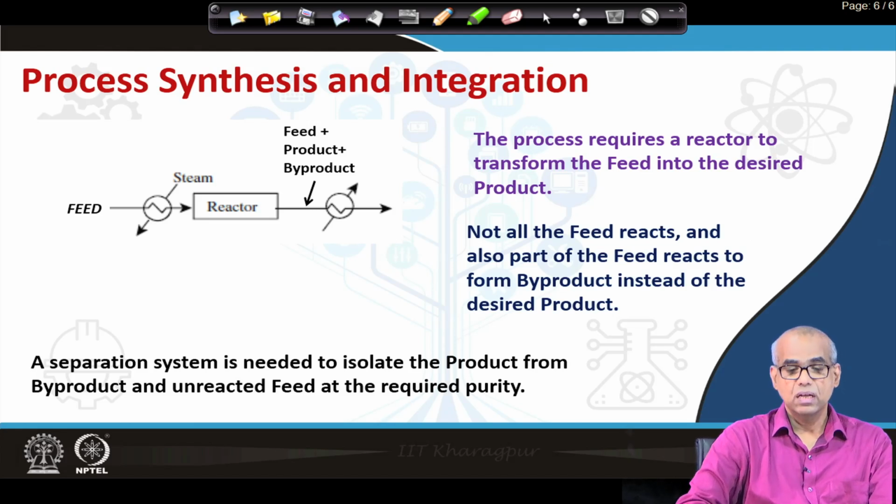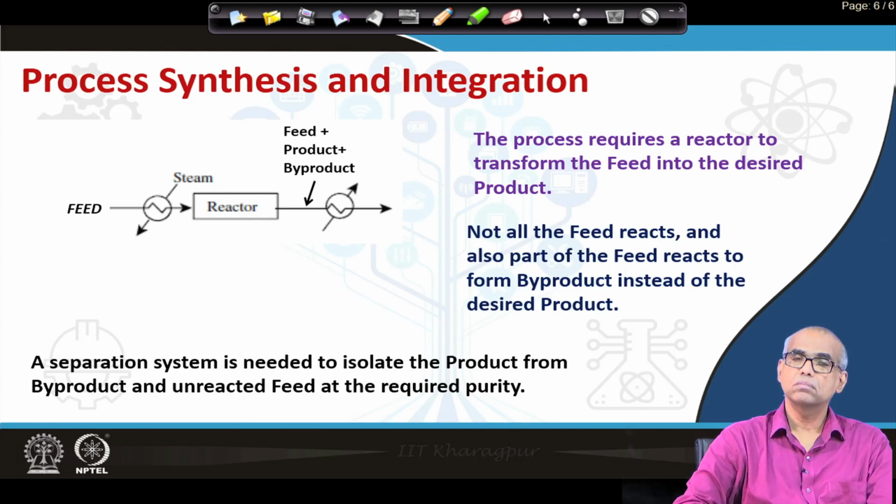Idea is that the effluent stream from the reactor contains feed, byproduct and product. So, to separate the desired product from feed and byproduct, I must now use a separation unit. So, putting a separation unit after the reactor will be a logical step to take.